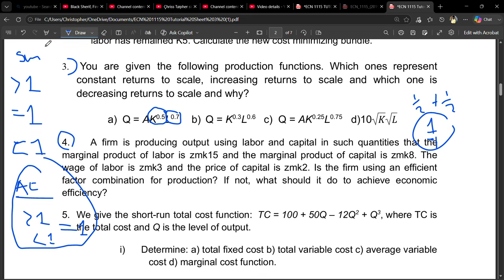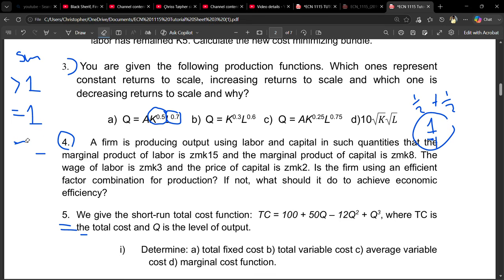Question 4 was saying a firm is producing output using labor and capital in such quantities that the marginal product of labor is, we've been given, 15.